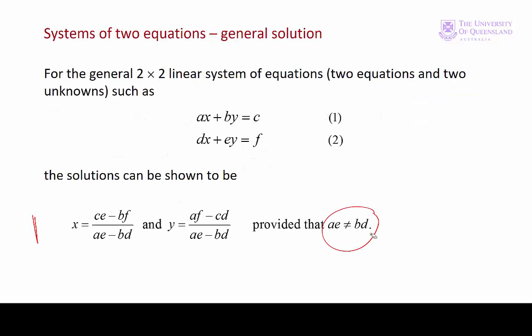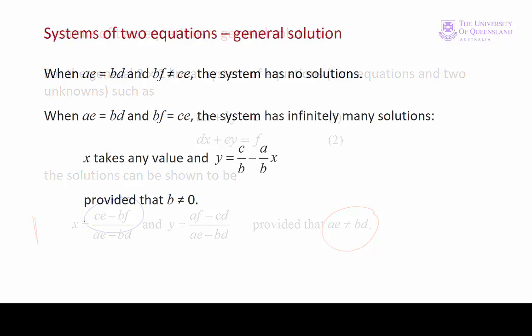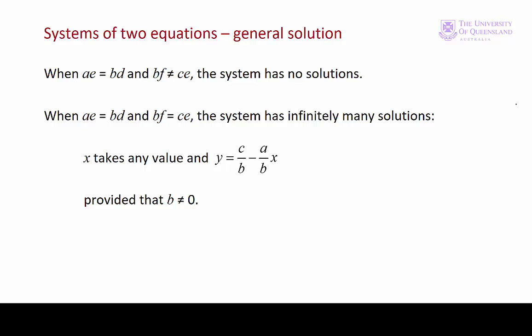What we want to consider is the numerator for our solution to x, ce minus bf. First, let's look at the case where ae equals bd, so the slopes are equal, but bf is not equal to ce. Again, we can rearrange that. So we'll have f divided by e is not equal to c divided by b.